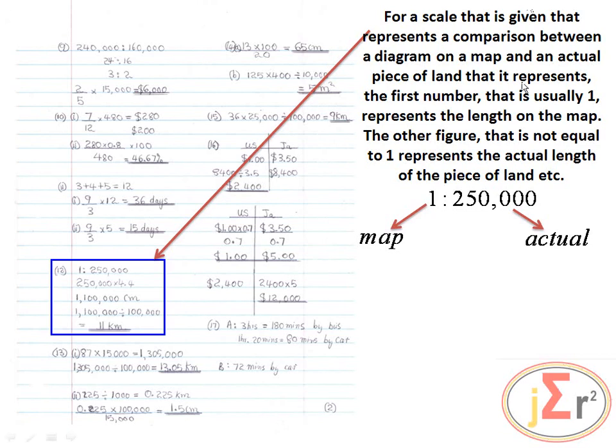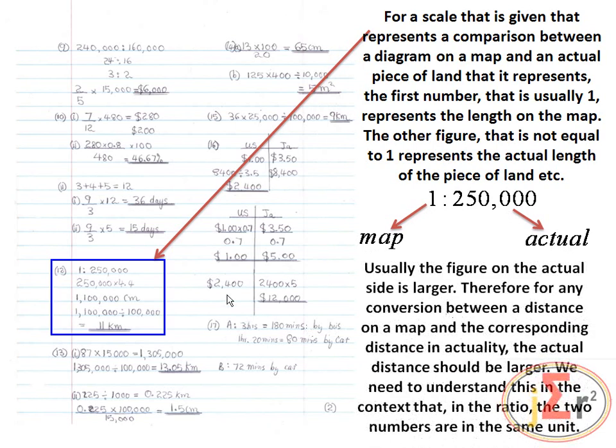So this one represents the actual distance, and this one represents the distance on the map. Usually the figure on the actual side is larger. It is usually larger, but it is not impossible to have a scale written in the reverse order, as we shall see by the time we are through with this tutorial. So usually the figure on the actual side is larger.